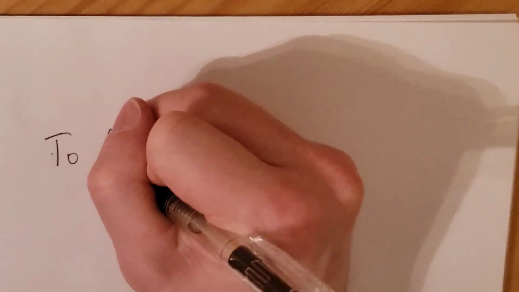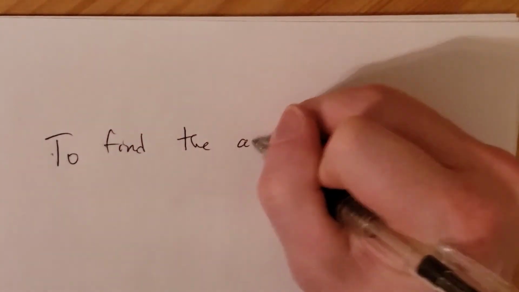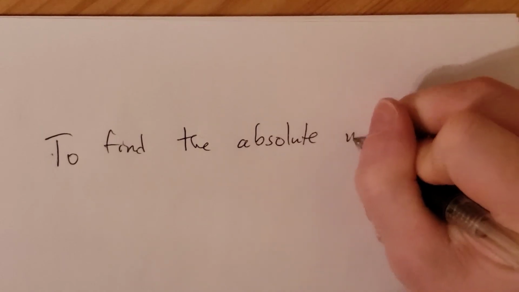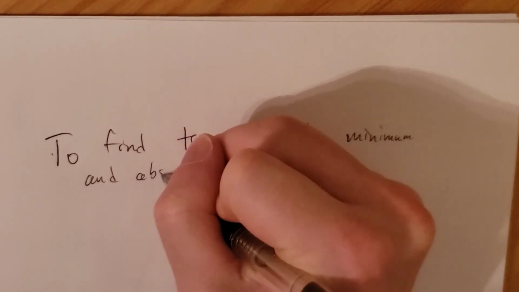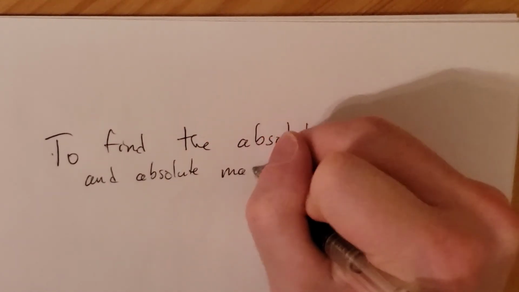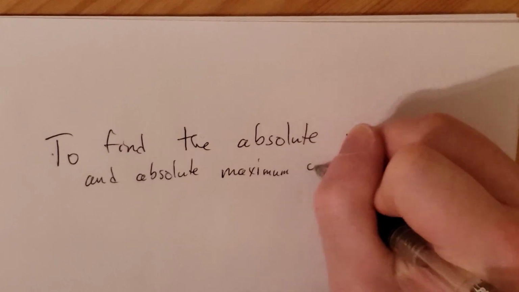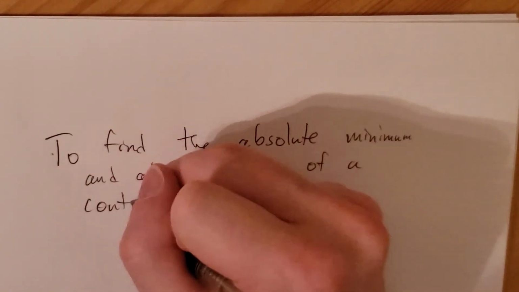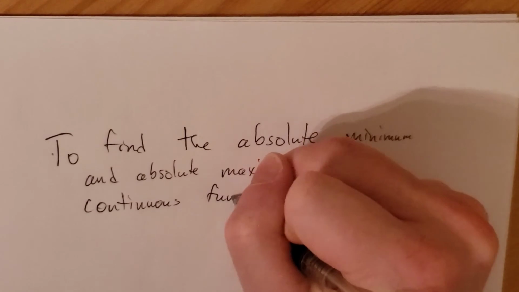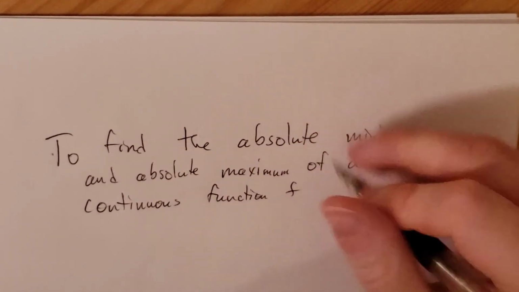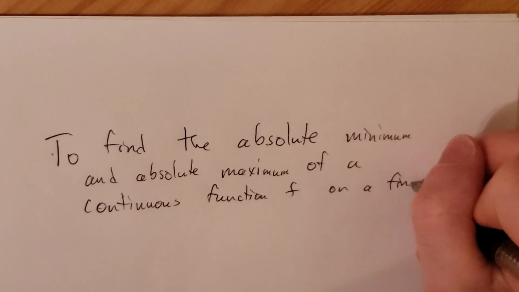All right. There's actually one final thing to talk about in this video. And that is to find the absolute minimum and absolute maximum of a continuous function f on a finite closed interval.